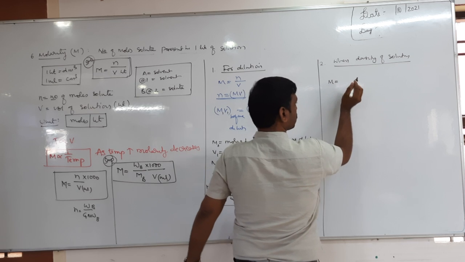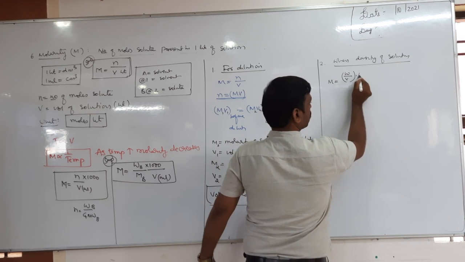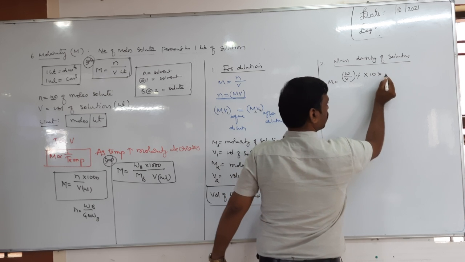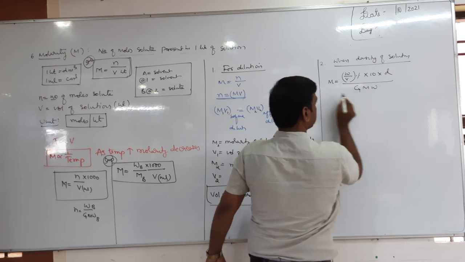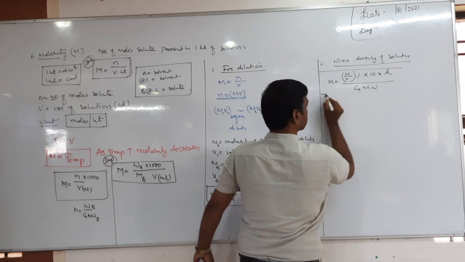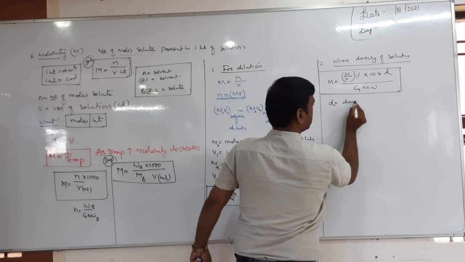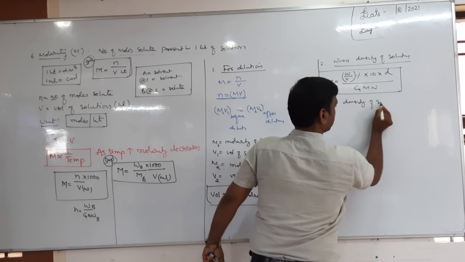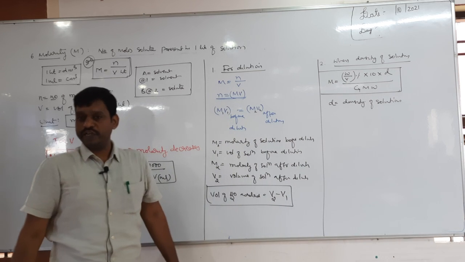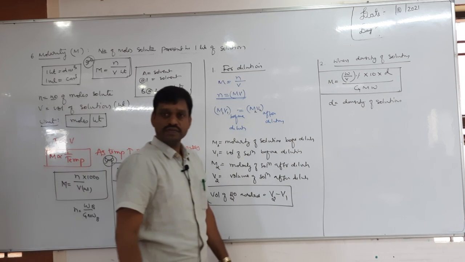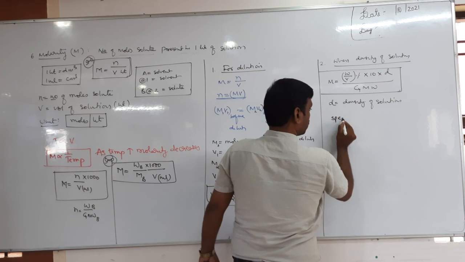Molarity equals, there is a direct formula, W by V percentage into 10 into density divided by gram molecular weight, where D equals the density of solution. Do you remember, density of solution can also be taken as specific gravity? Yes, it can also be taken as specific gravity.